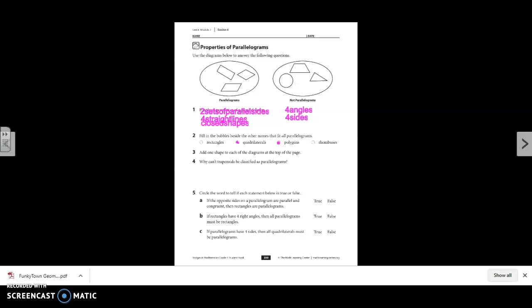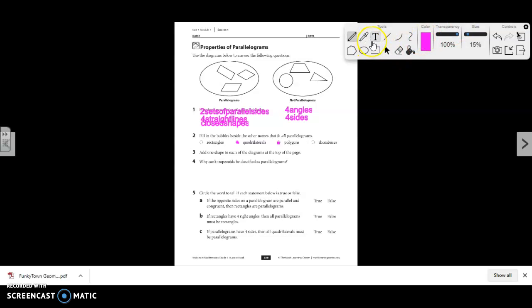And number 3 says add one shape to the diagram at the top of the page. One shape I could add over here would be a square. I'm trying to get my lines as straight as possible. I need 4 congruent sides.